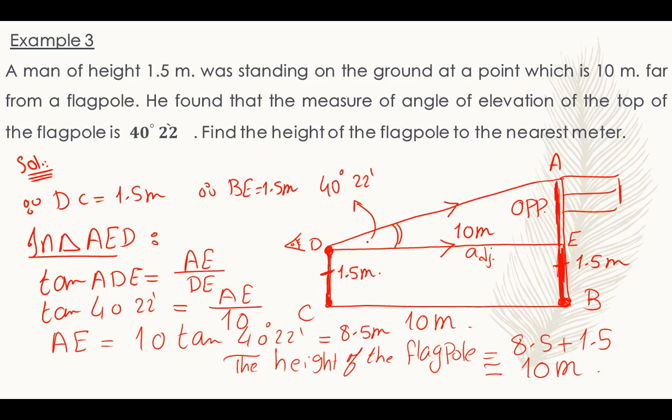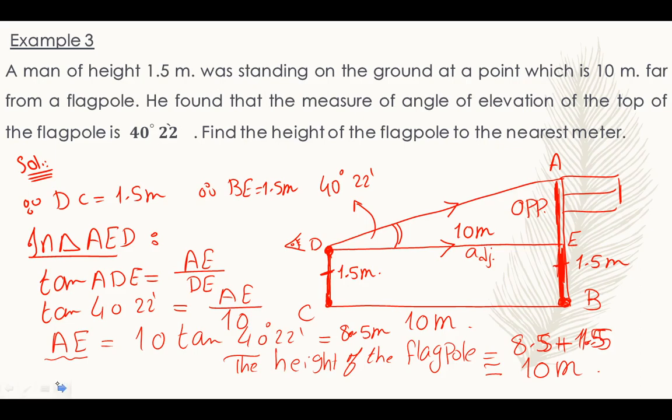So tan 40 degrees 22 minutes equals AE over 10, and from here AE equals 8.5 meters. So the height of the flagpole will be 8.5 plus 1.5, which equals 10 meters.